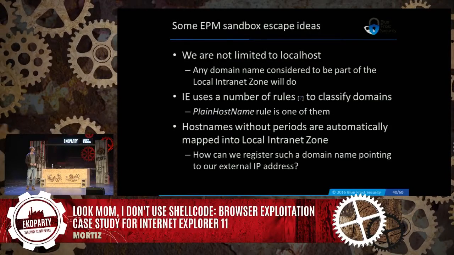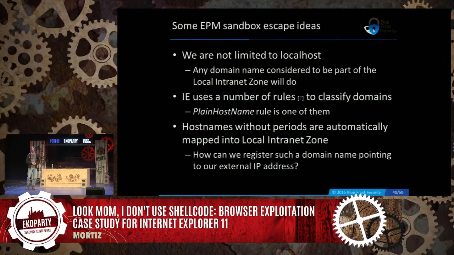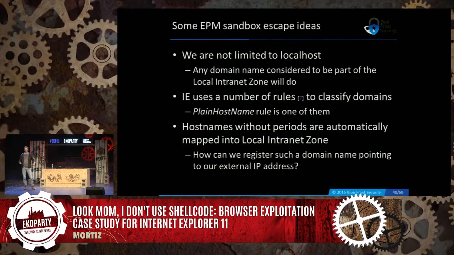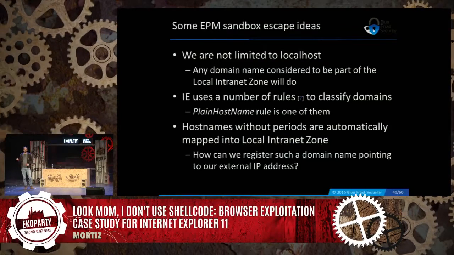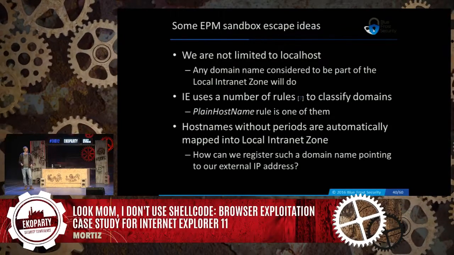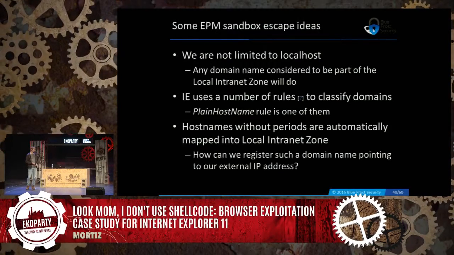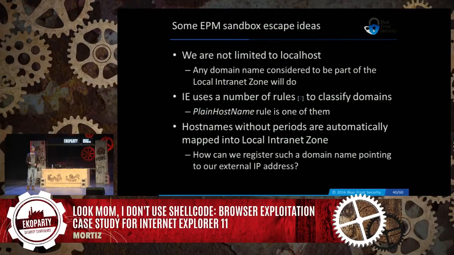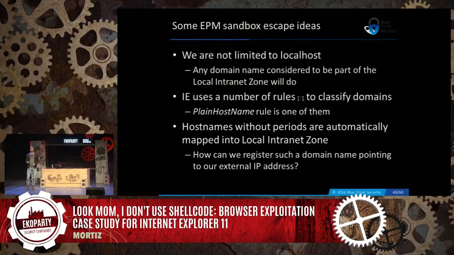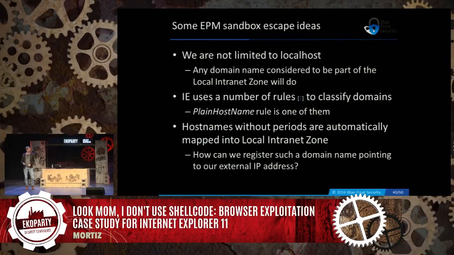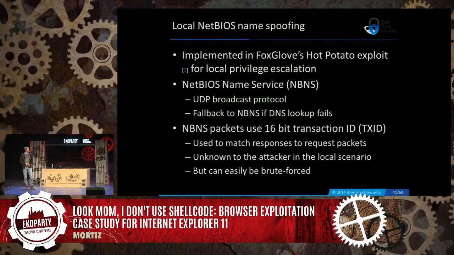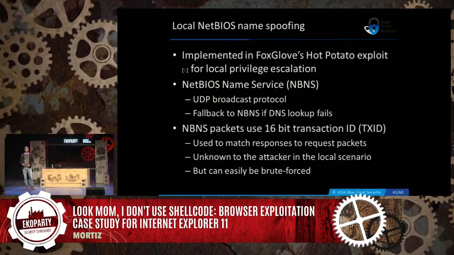One of the easy ones is called the plain hostname rule. It says that if the domain name doesn't contain any periods, the site is automatically mapped to the local intranet zone. So the question is, how can we create such a domain name which points to our external IP address? It turns out we can use local NetBIOS name spoofing for that.